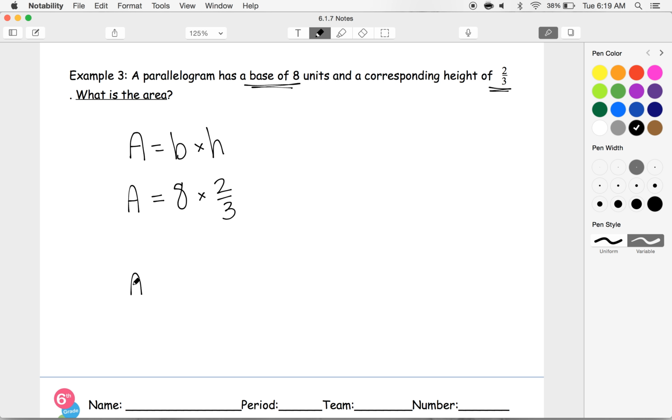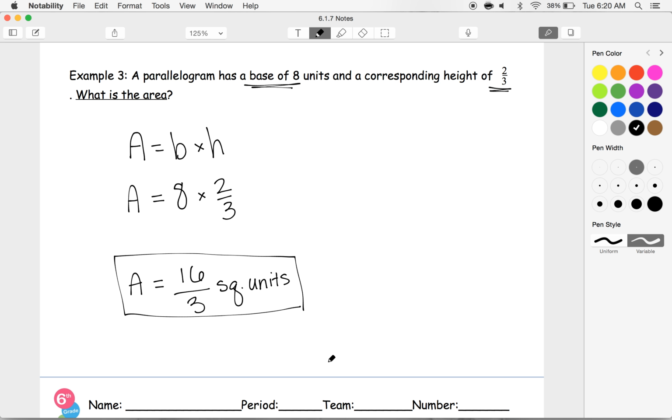Okay. Area equals, when I'm multiplying fractions, I'm going to multiply those numerators. 8 times 2, which is 16, over, all right, there's nothing underneath the 8, so then I'm just left with a 3. 16 over 3 square units. Okay, let's keep going.